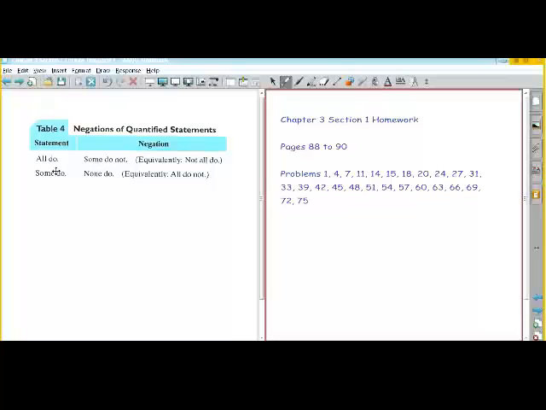So if you have none, the quantifier would be some. If you have some, then the negation quantifier would be none. I think you can go either way. So if you have some do not, you could go the other direction. I think these statements are good either way. For none, go to some do. For all, go to some do not. From some do not, go to all.